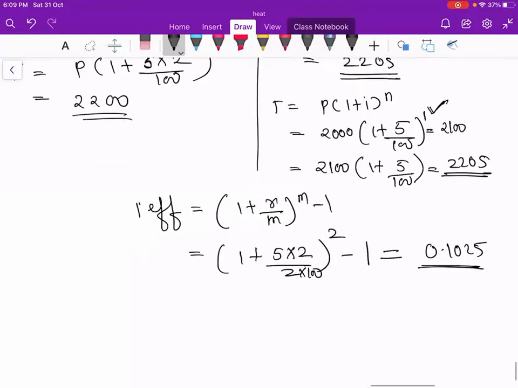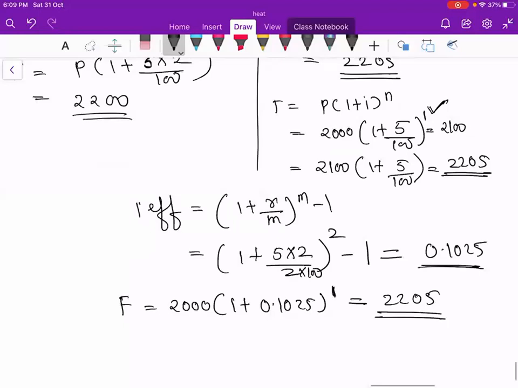Now you have I effective. Now future value will be F equals 2000(1 + 0.1025) to the power 1. What will be the answer? 2205.